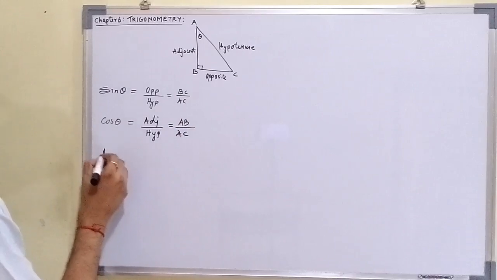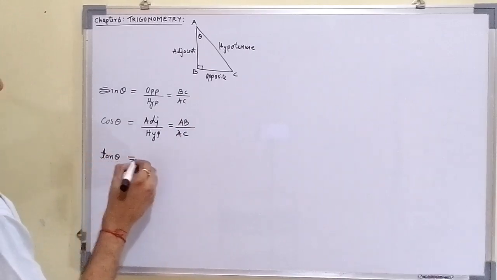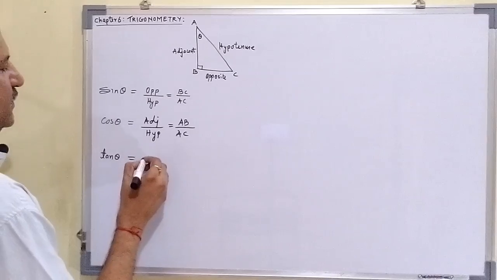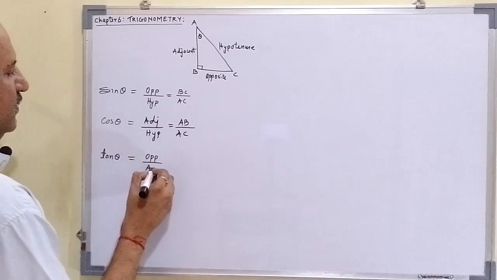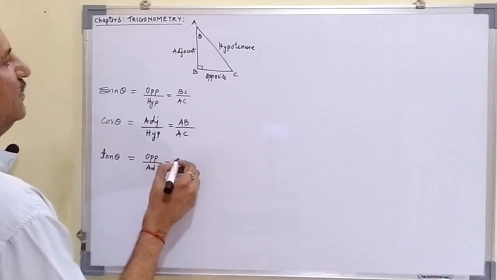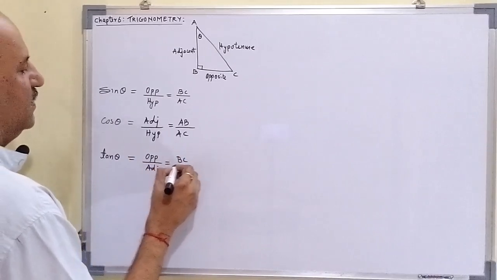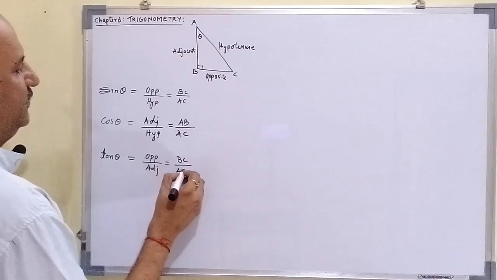Then we have tan theta, tangent theta we call it. This is opposite upon adjacent, so it is BC upon AB.